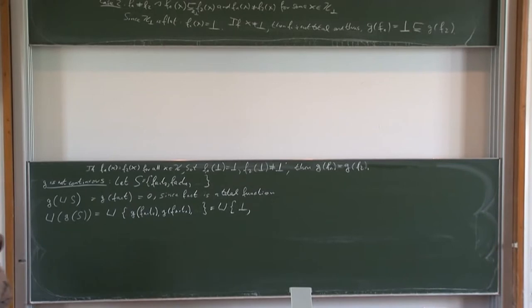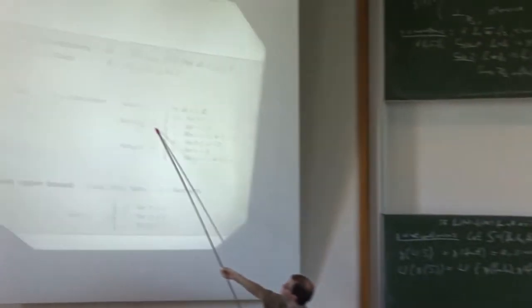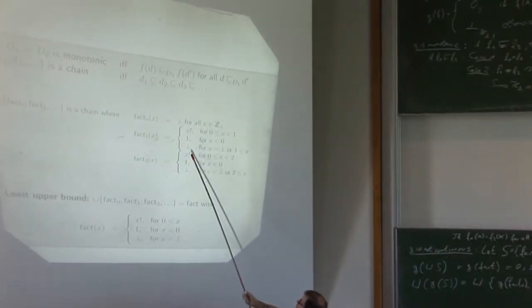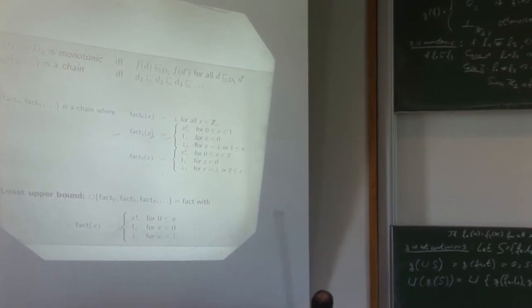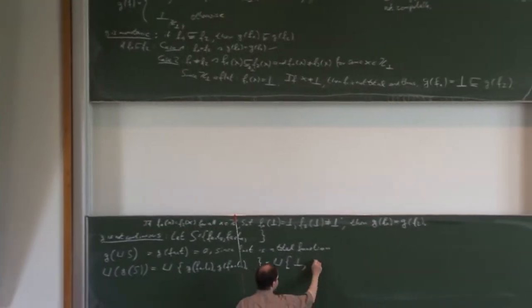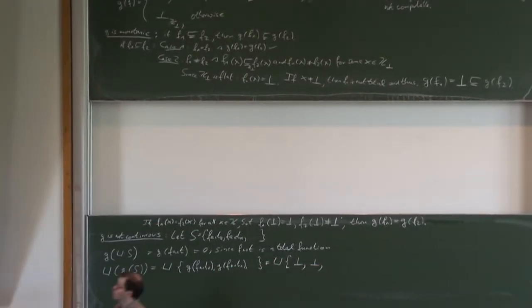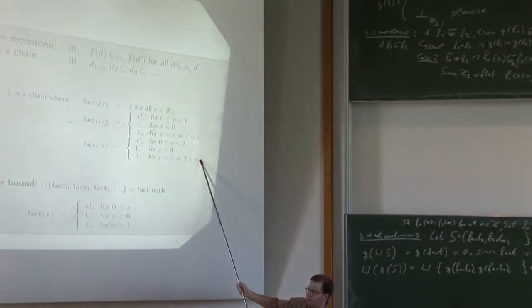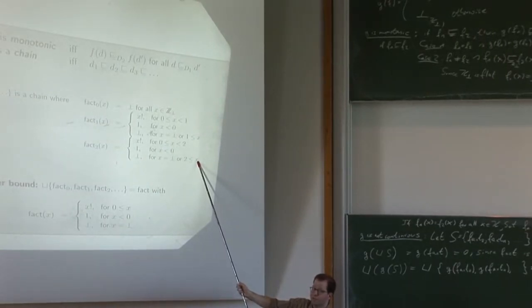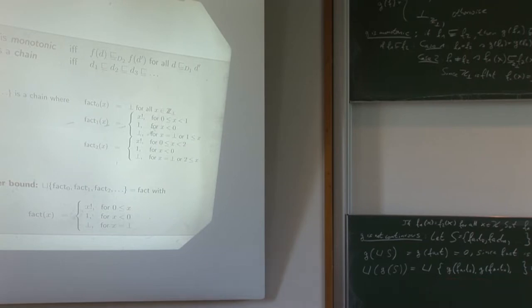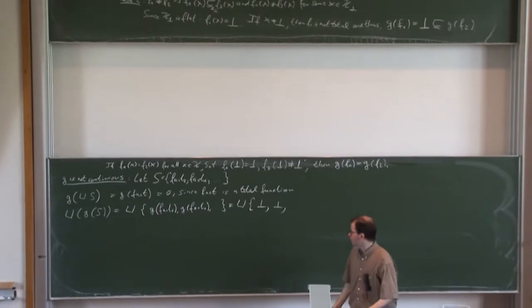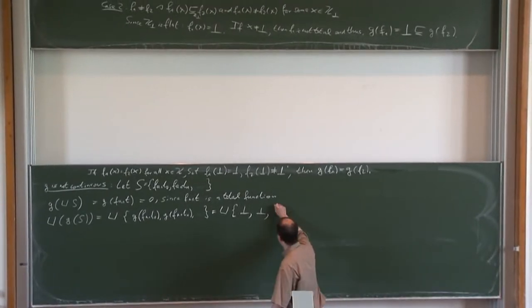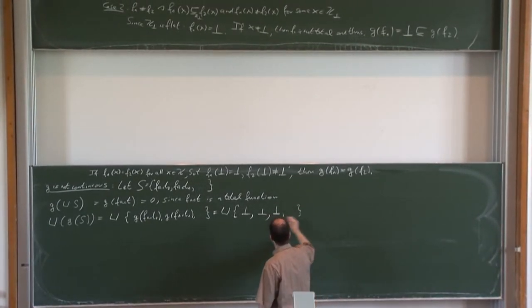Now fact 1 is also not a total function. It's defined more often, but for x's which are greater or equal than 1, it's not defined. So fact 1 is also not total. Fact 2 is also not defined everywhere. If x is greater or equal than 2, then it's not defined. So all these fact 0, fact 1, fact 2, and so on, are not total. They get more and more defined, but if you take an argument which is big enough, then fact is not defined. So here you always have bottom.